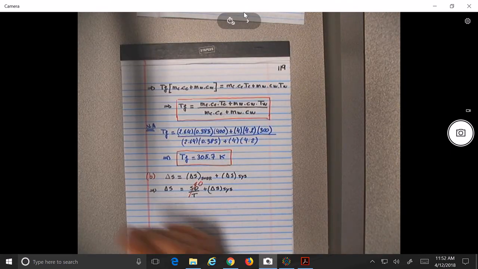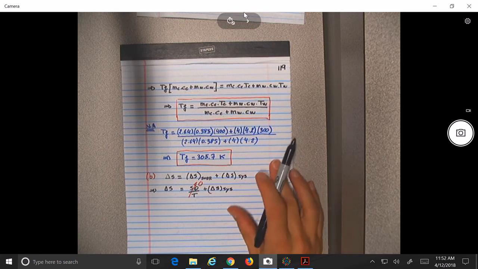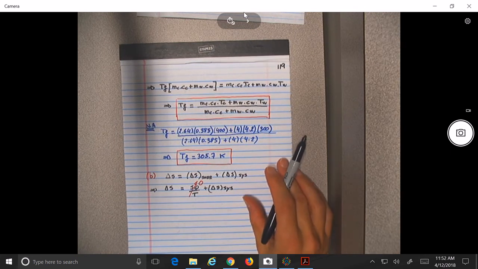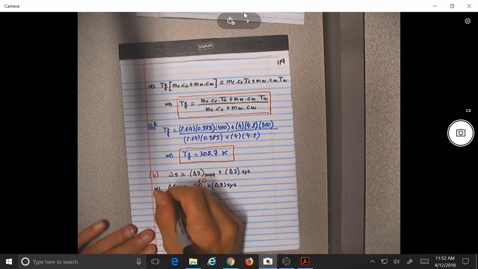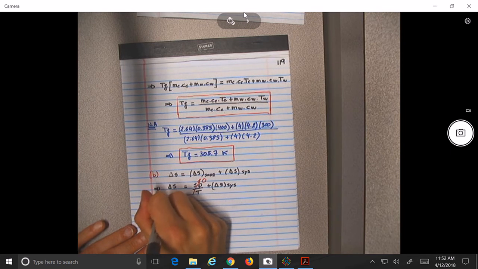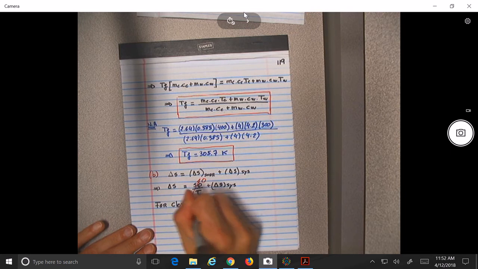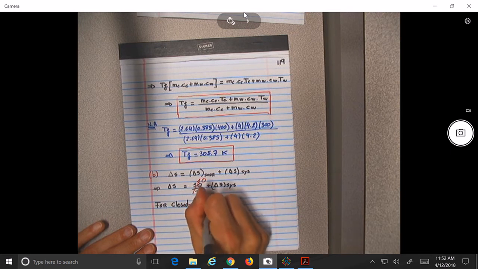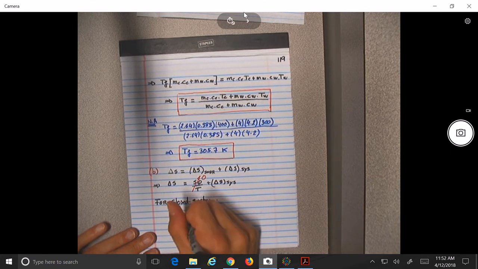So what type of problem are we dealing with here? Closed system or open system? It's a closed system, no? All right? So for a closed system, I go a little bit faster. What do you know? The first law of thermodynamics will be equal to what?